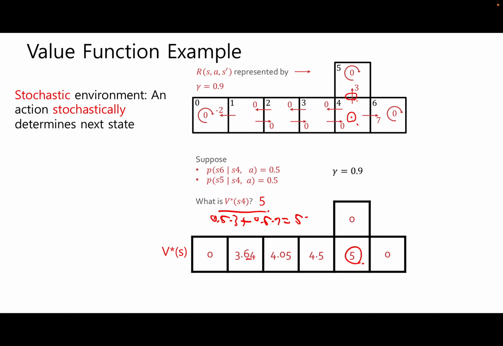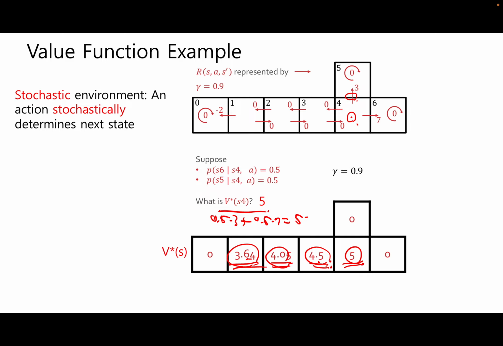And for the remaining things, some students asked me why we do not multiply probability for these other states, right? We only multiply probability for this state, but we did not multiply probability for the remaining states.